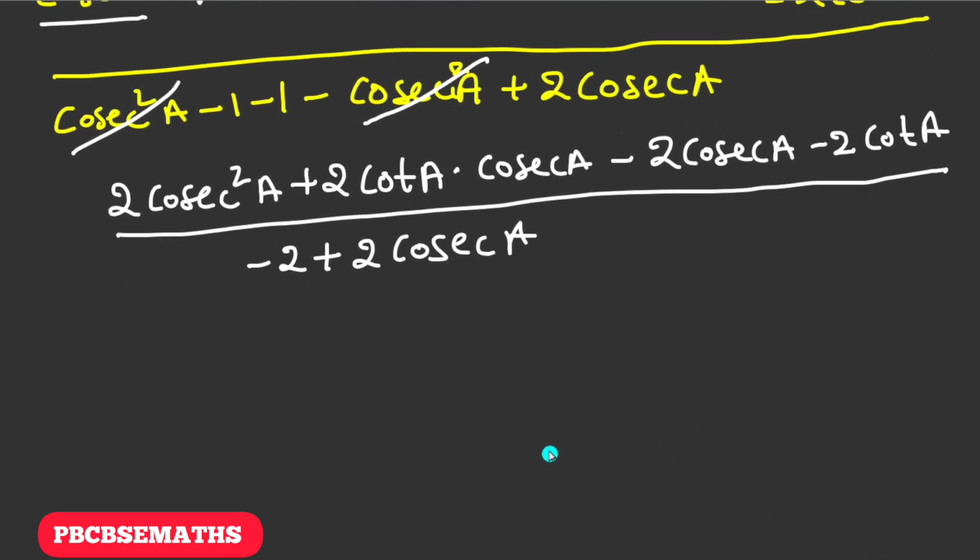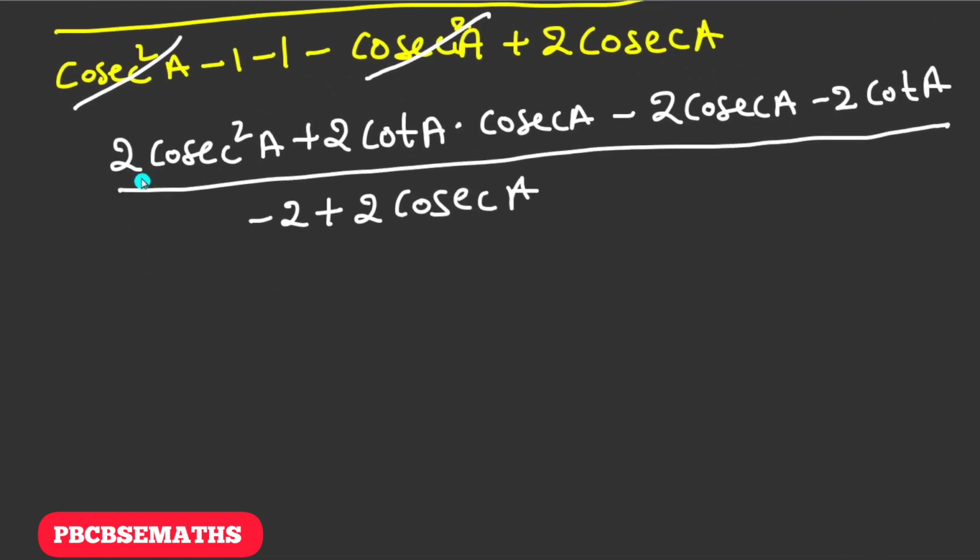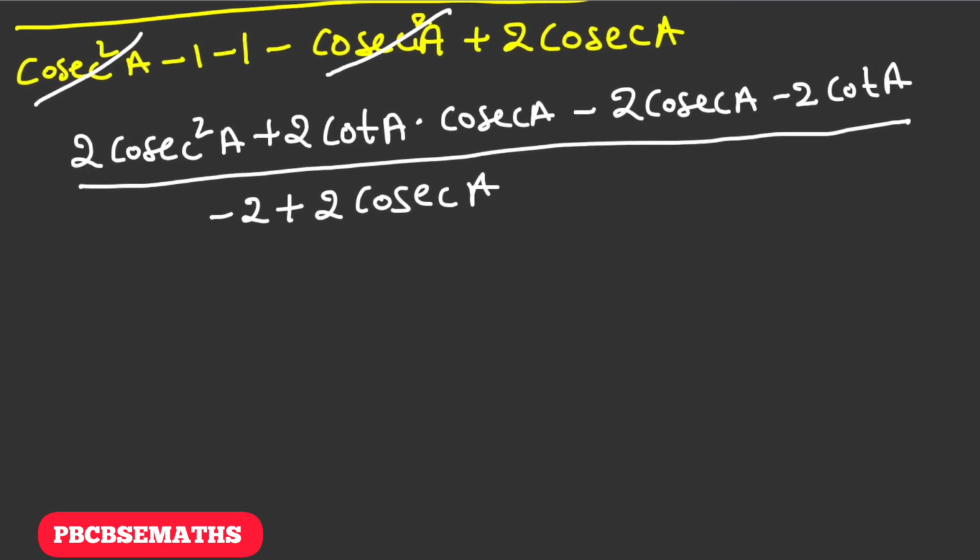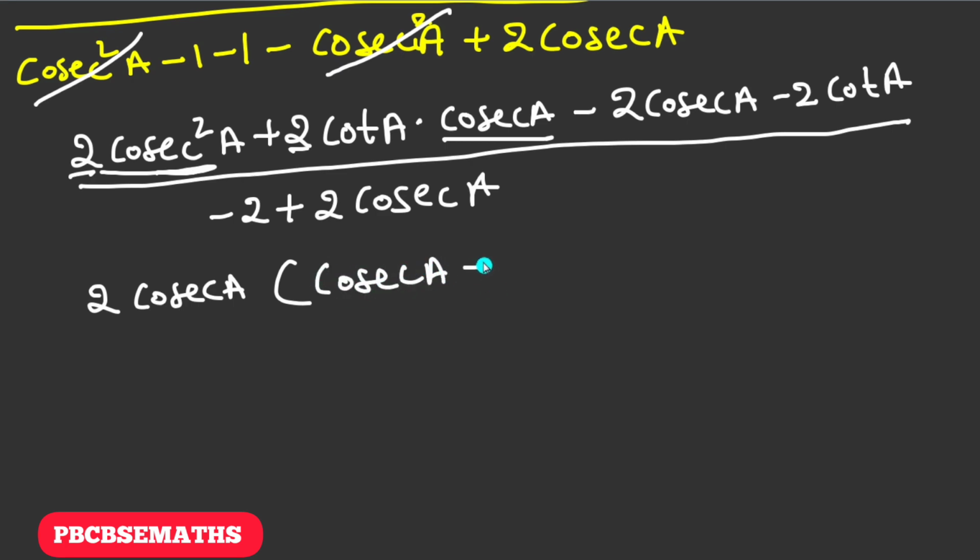Further simplification gives us, in these two terms, in the first term and in the second term, we can take common 2 cosec A. So let's factor out that 2 cosec A. Then in the first term we are left with cosec A plus in the second term we are left with only cot A. Then in the third term and in the last term, let's factor out minus 2.